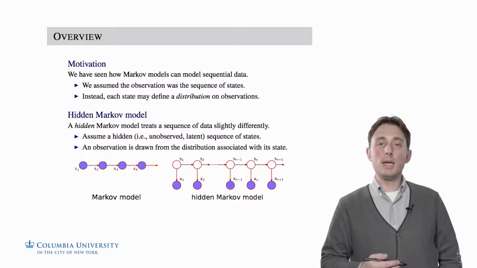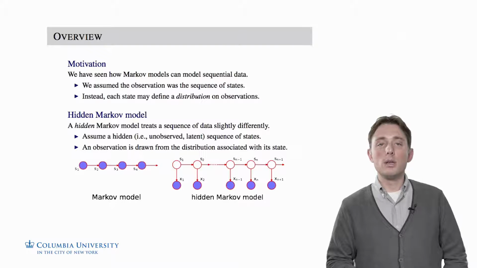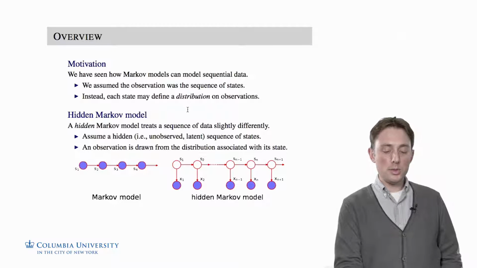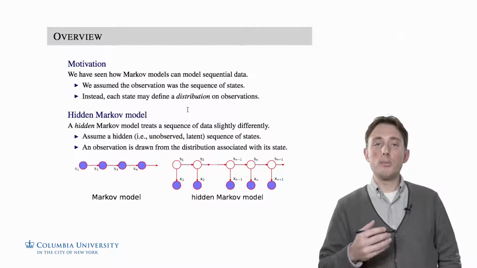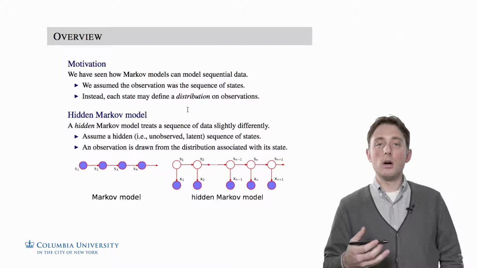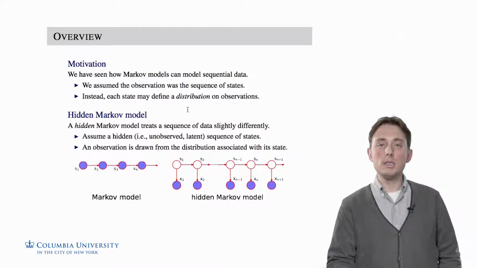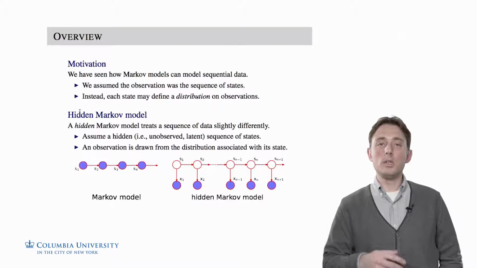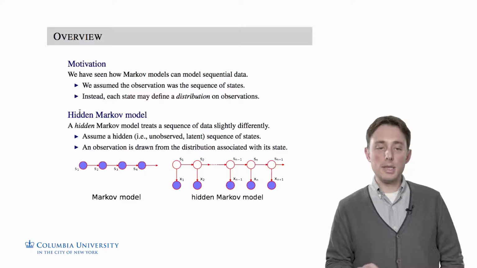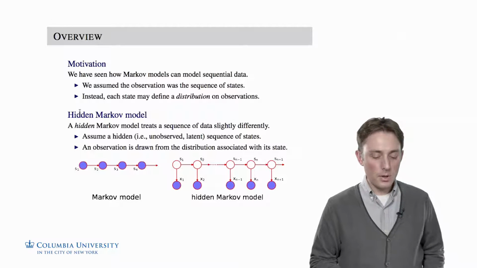But the data we get might not really work in that setting. So we might want to instead let each state in our model correspond to a probability distribution on the observable part of the sequence. So this leads to the idea of a hidden Markov model, hidden because we don't get to observe a latent state sequence.